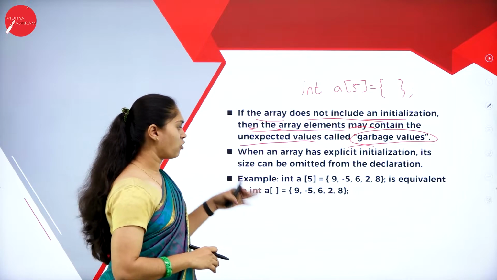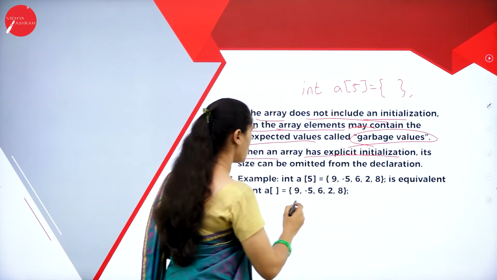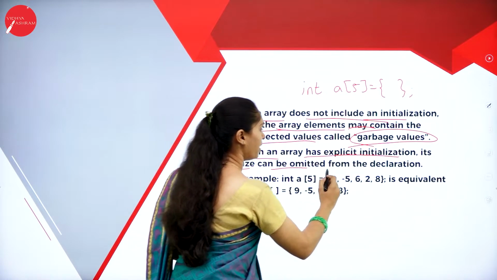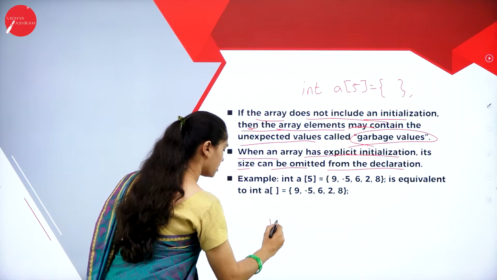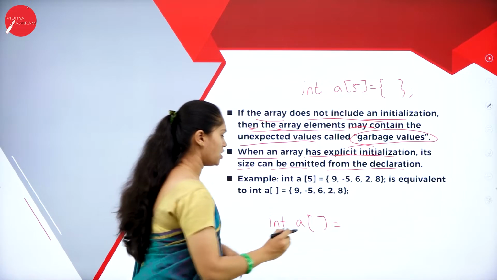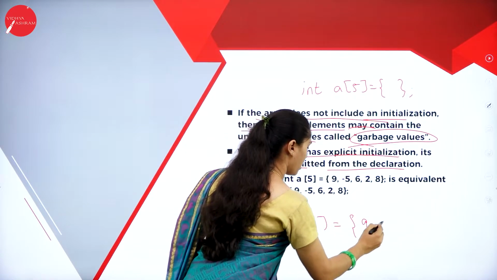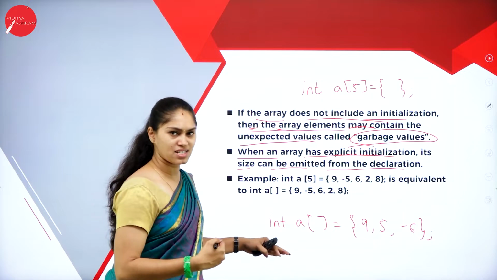Then we have one more scenario here. When an array has explicit initialization, its size can be omitted from the declaration. So that is what? int a[]. I am not specifying the size. Instead of that, I am going to take 9, 5, minus 6. What we have to understand from this?